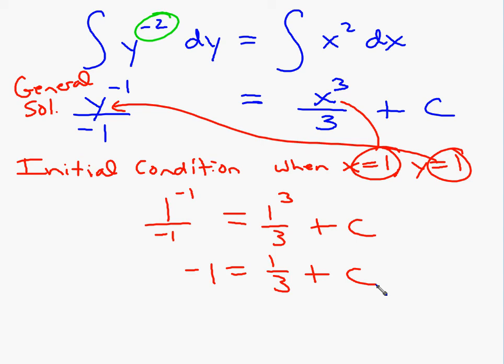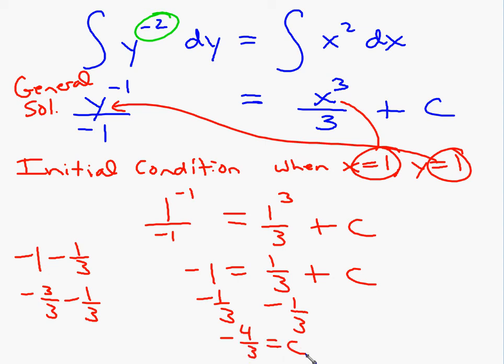And then I need to subtract 1/3 from both sides. So let's see, what is negative 1 minus 1/3? Well, that's negative 3/3 minus 1/3, which is negative 4/3. So negative 4/3 would be my c value.